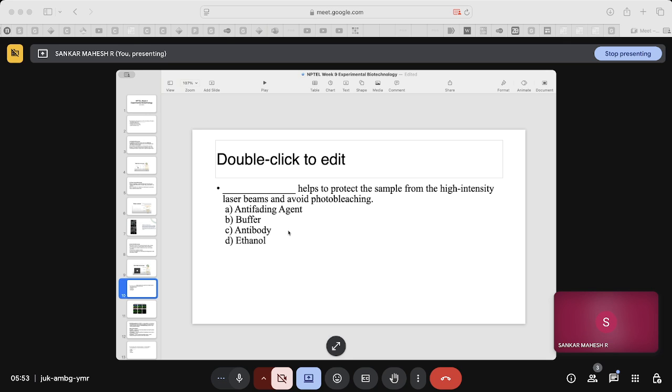So, do you have any idea if the buffer will help or if there's any antibody? Okay. Are you aware of any anti-fading agents? Okay.